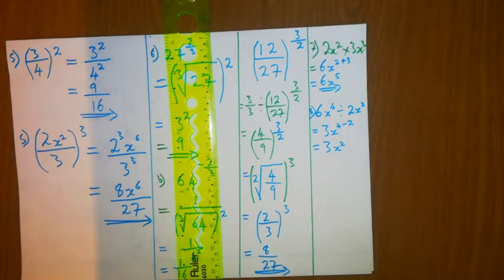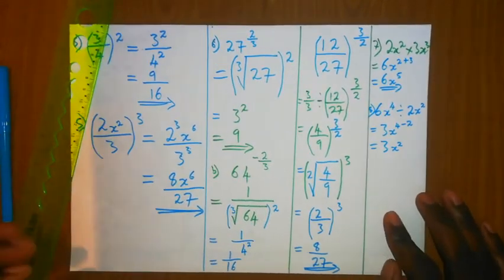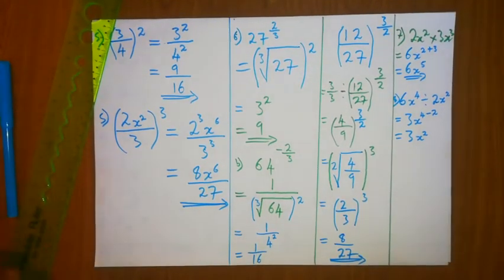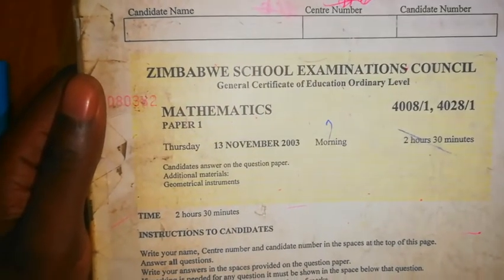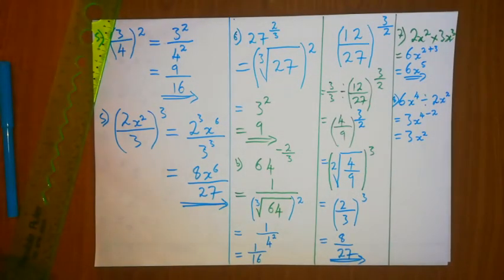Now let's jump into our question papers that I have here, so that you have an appreciation of what laws of indices are. So let us try to solve some past exam question papers here. I've got November 2003, that's our paper 1.